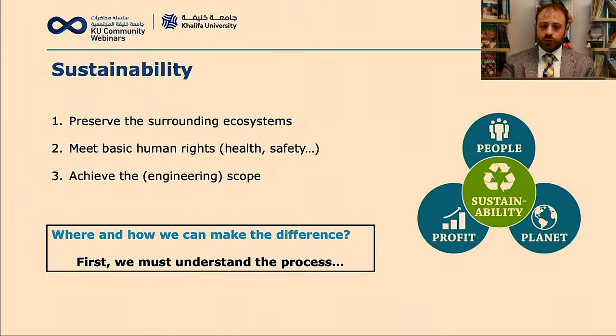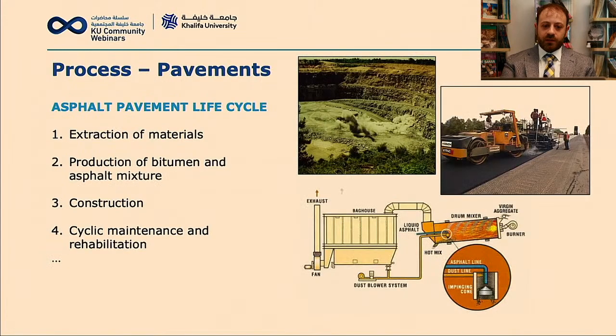In order to find good solutions, we first need to understand the process of asphalt pavement and what is the life cycle of an asphalt pavement. There are different steps, different activities, different phases in a life cycle of asphalt pavement. The first one is for sure the extraction of the materials. Think about aggregates from quarries. Then we have to produce the bitumen.